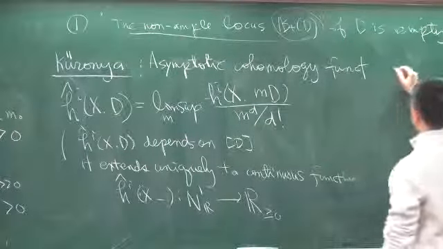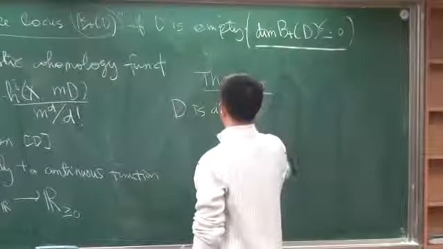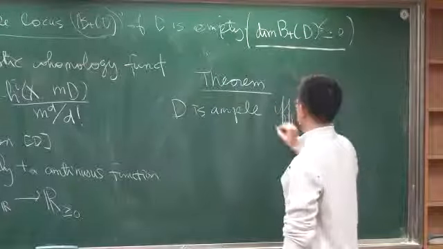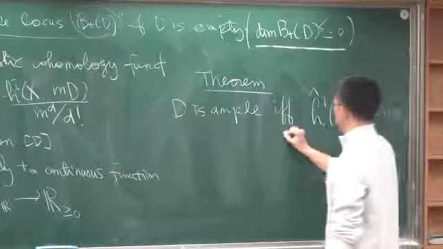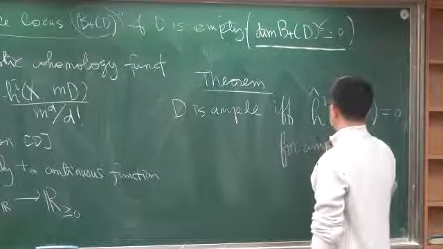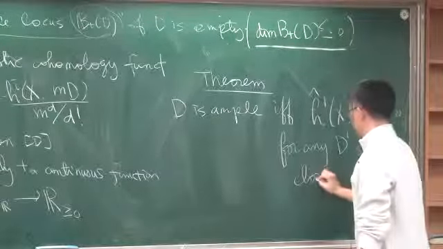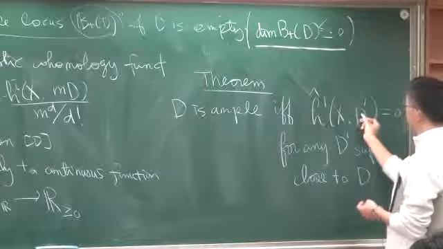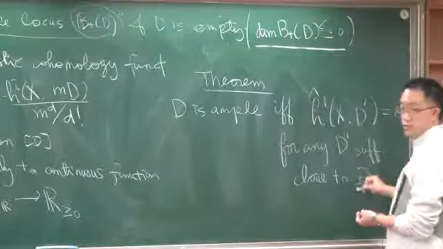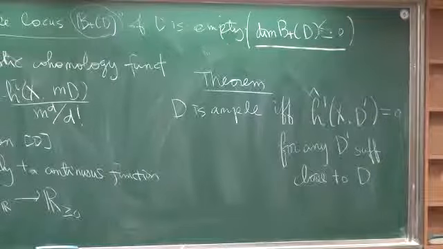And what they proved was the following theorem. D is ample if and only if h hat^i(X, D') is 0 for any D' sufficiently close to D. So this vanishes not just at D, it vanishes locally near D. This is the converse of the statement there.